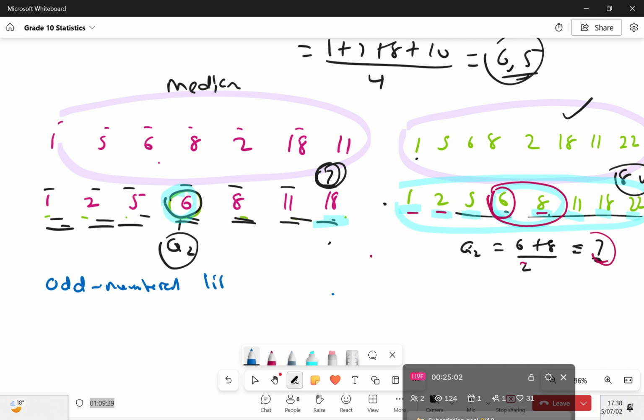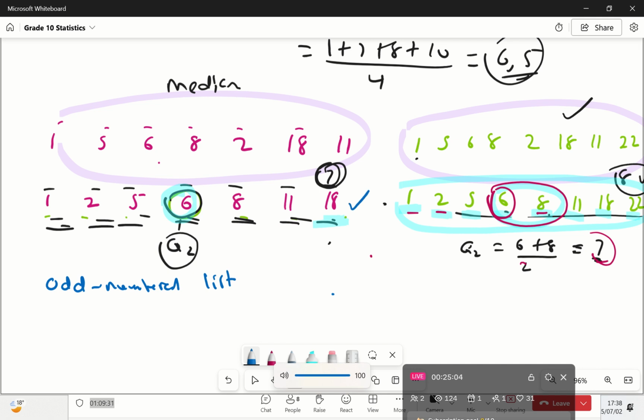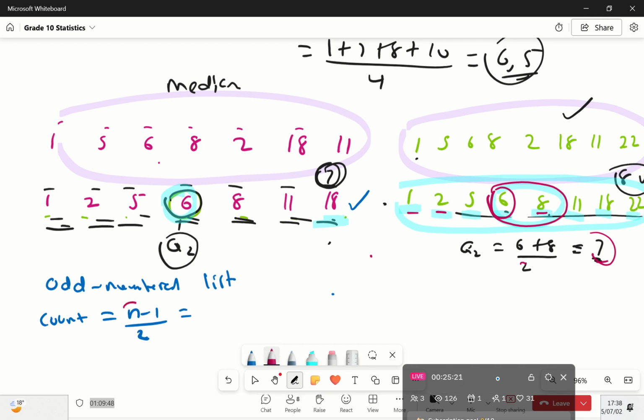If your data set is odd numbered, you've got 7 numbers, you've got 9 numbers, and so on, this is how you count. You go n minus 1 over 2, where your n is the number of values. In this case, our n is 7. 7 minus 1 over 2 gives us an answer of 3.